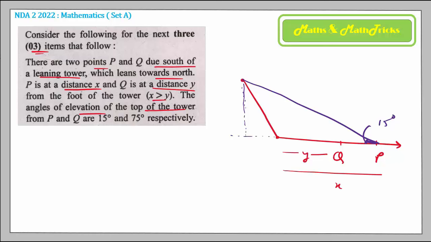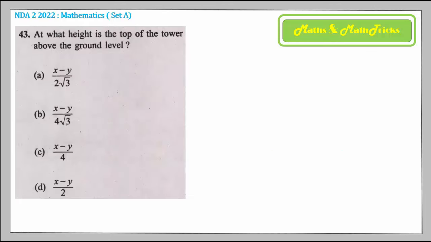And then from the point Q, we have the angle of elevation, that is 75 degrees. Hopefully you understood the diagram. So now this is a diagram we have to refer to answer the very first question, that is about the height. At what height is the top of the tower above the ground level?